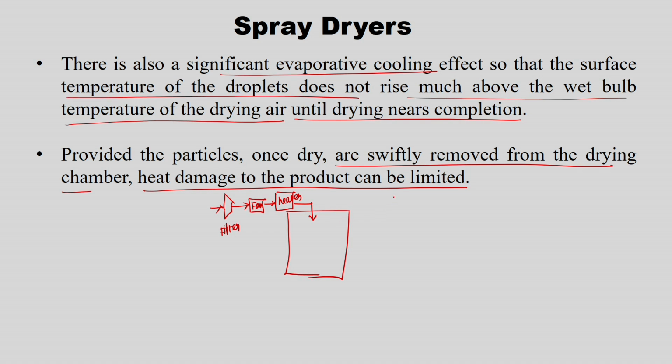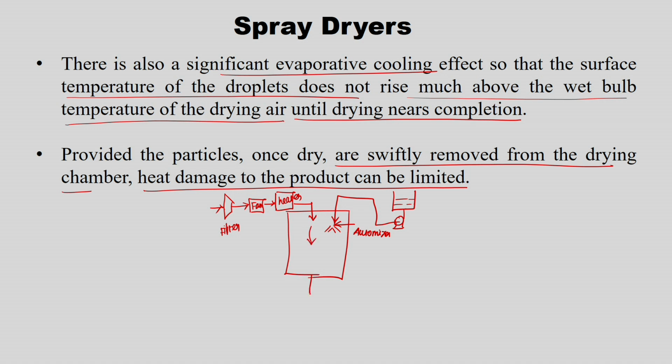From here you have a liquid product tank. From there your liquid food is pumped and sent to the drying chamber. Here we use an atomizer to spray the food particle. So this is mixed with the hot air.